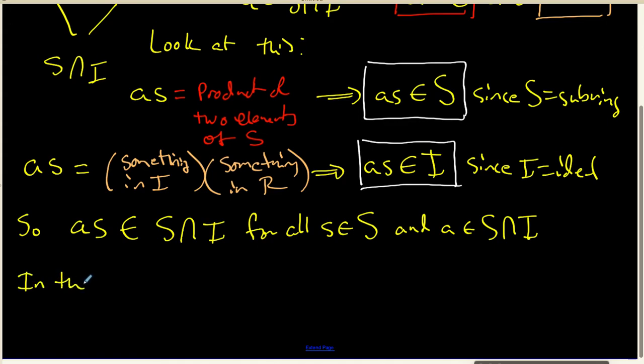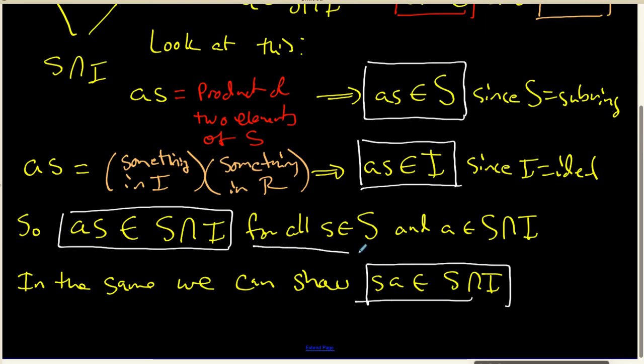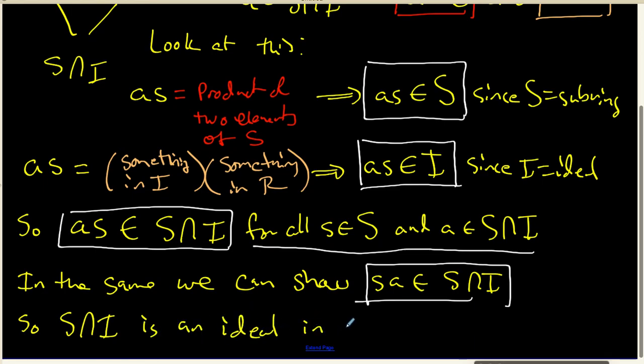So, in the same way, we can show sa belongs to S intersect I. And if I think about this statement here and this statement here, since they are both true for all little s's in S and all little a's in S intersect I, those two things are enough to say that S intersect I is an ideal inside the ring S. And I want to formally state that as a lemma.